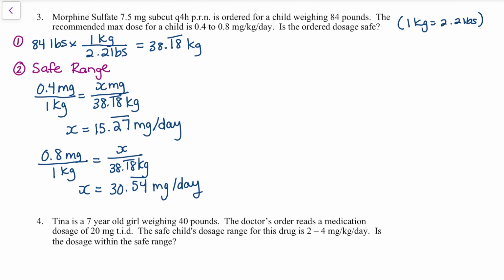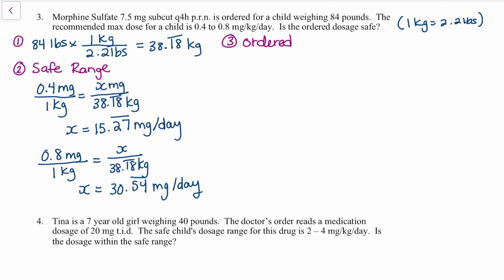So the safe range is from 15.27 up to 30.54 milligrams per day. So we need to look at what was ordered and see if that matches in that range. And again, we're not doing 10% on this because we've been given a range, so that overrides our 10% general rule.